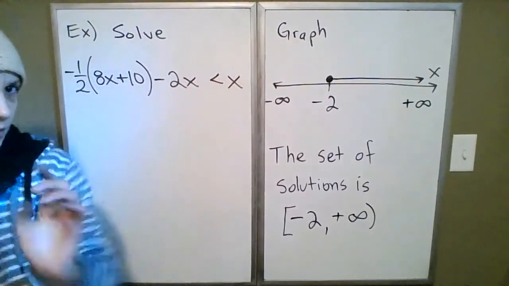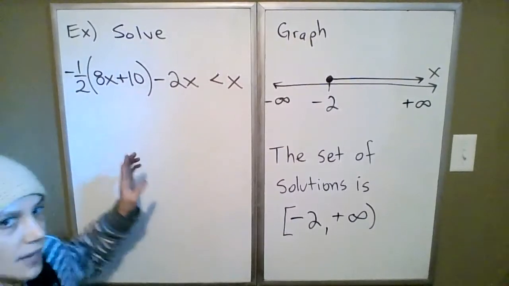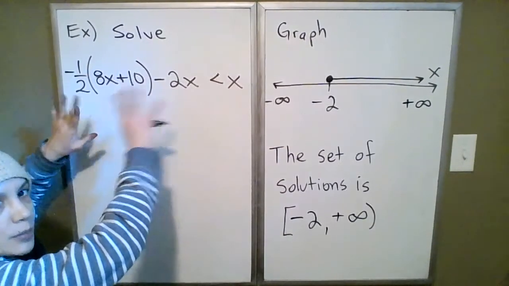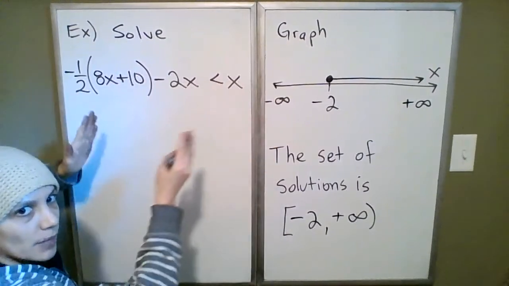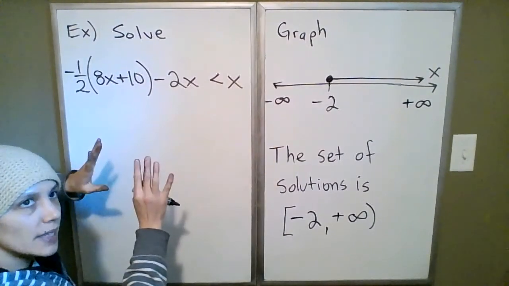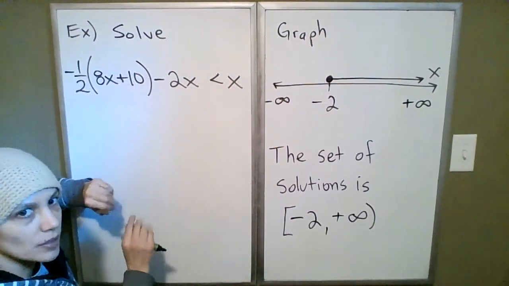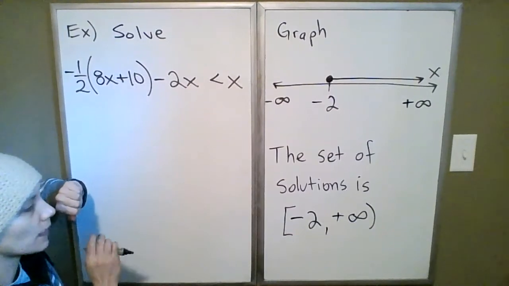Okay, so it's kind of like a little bit similar to when we have an equation. You want to distribute and expand everything out, then bring it back by combining like terms, and then start to isolate your variable to one side of your symbol.